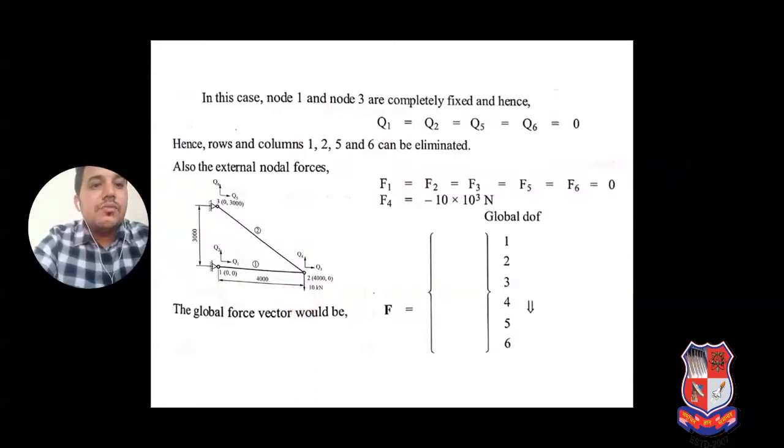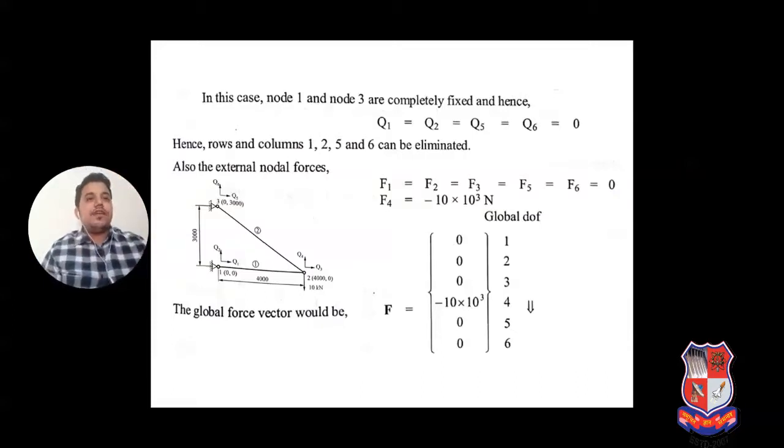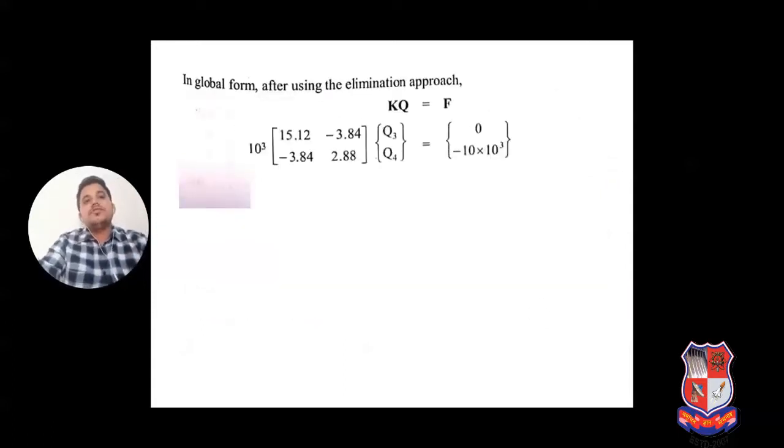So if I put the value of each and every force, I can observe it as 0 0 0 minus 10 into 10 raised to 3 0 0. Now this F value, Q value and K value, we put in our standard formula KQ is equal to F. This is the final formulation to identify displacement at Q3 and Q4.